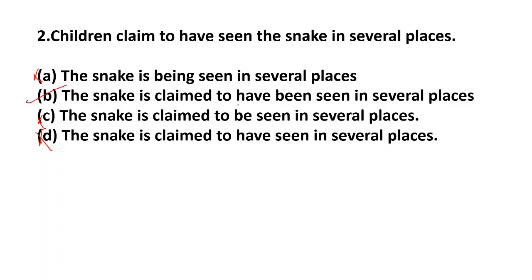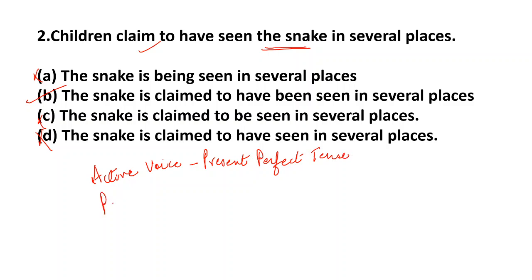The snake is claimed to have been seen in several places. This is the object, so this becomes the subject. The snake is claimed to have been seen in several places. Here, learners, you can see that the active voice sentence is in present perfect tense.